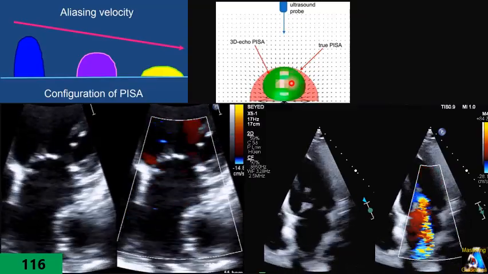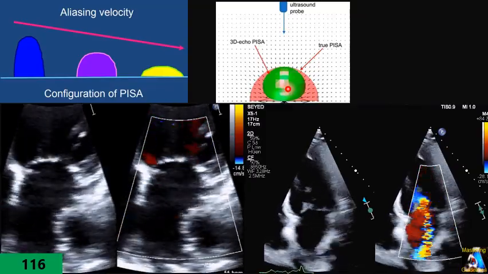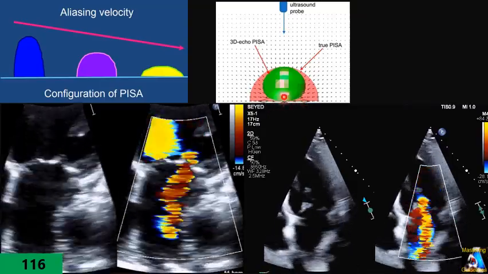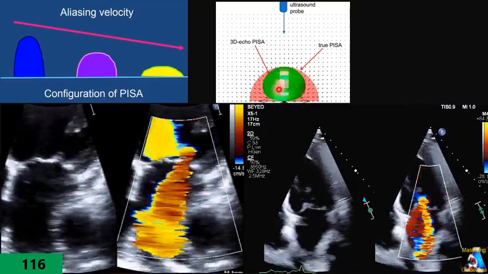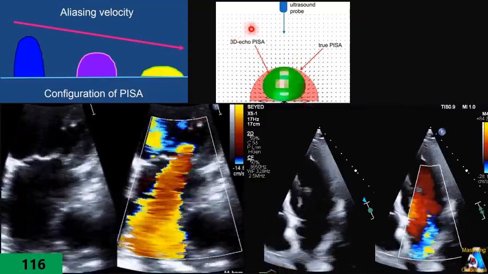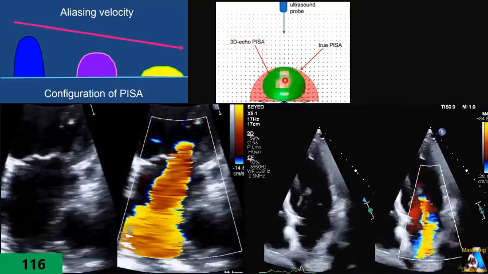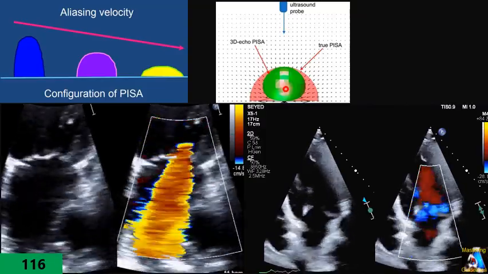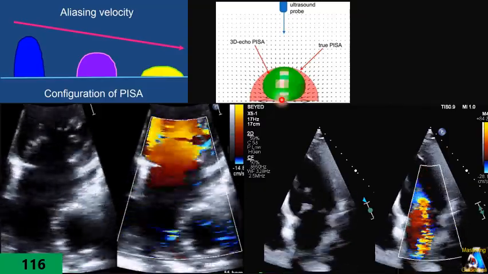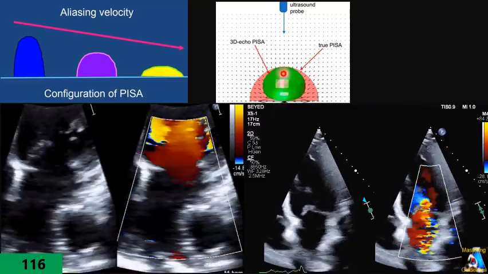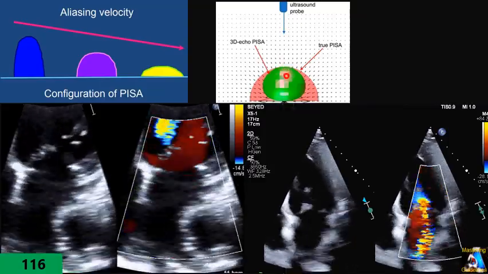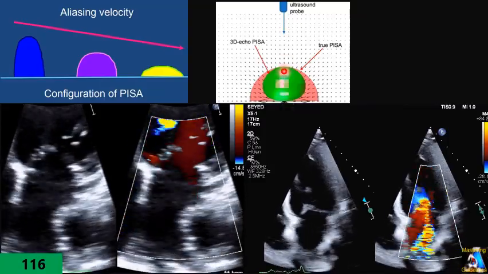It will be partially circular, meaning a circle that is flat at the base. Studies show that this shape is closer to reality and to 3D echo PISA. So keep in mind, we don't measure the radius, we just measure from the base to the border. This will be your correct measurement.